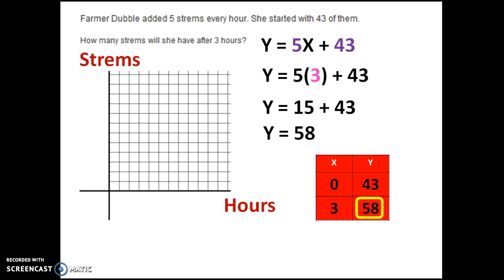But for our y's, we should probably go up by 5s. 5s is going to be good. Okay, so we need to graph 0, 43, and then we graph 3, 58. Now remember, if you're graphing this in Get More Math, you're clicking at 0, 43, and then dragging your mouse all the way to 3, 58. And then we have our ray.